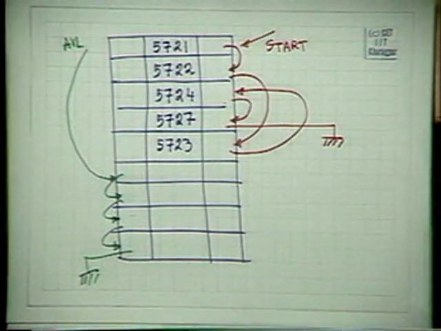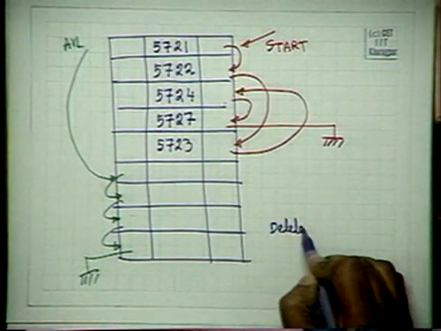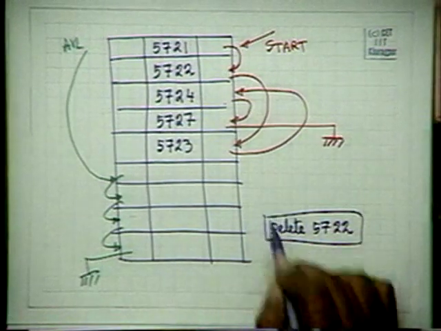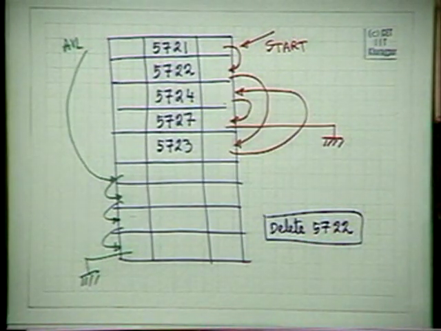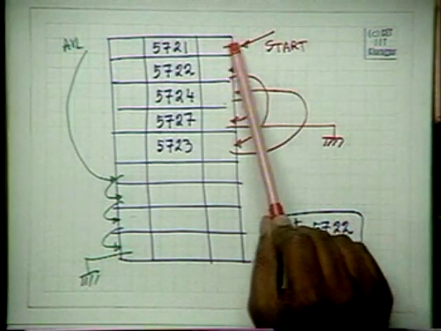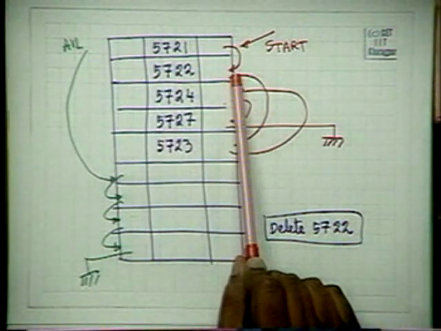And suppose I have this operation, a deletion. So what will I do? I will first find it out, search it out sequentially, and I have searched it out here.